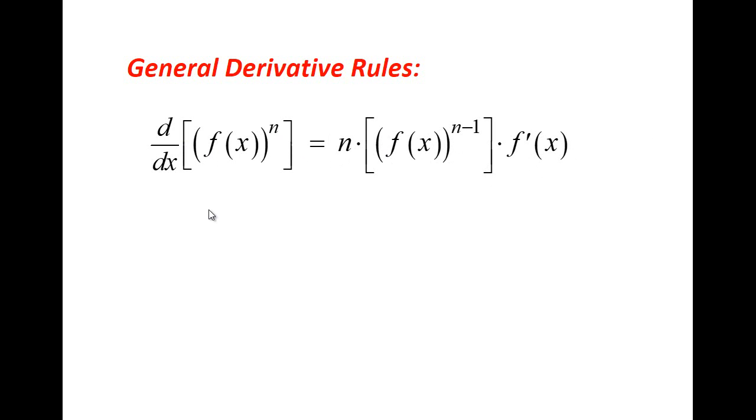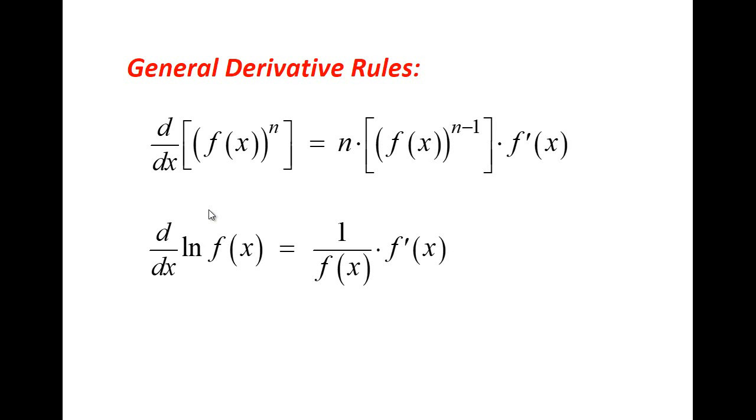Now we write down two more formulas that are also consequences of the chain rule. So if we take the derivative of log of f of x by the chain rule, this would be what? Well, this function here is the composition of two functions.